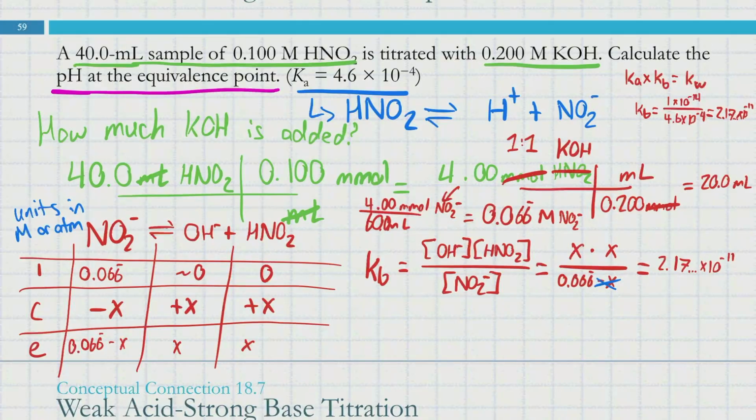But you could always do the equilibrium method with a polynomial solver instead, and that would let you know for sure. Okay, so we end up with x squared equals 2.17 dot dot dot times 10 to the minus 11 times 0.066 repeating. We'll square root both sides. That will give us x.